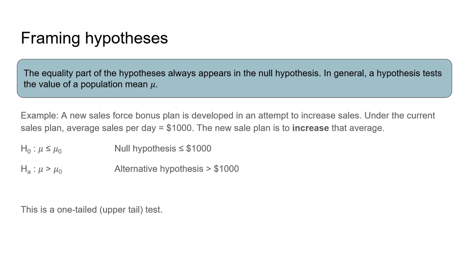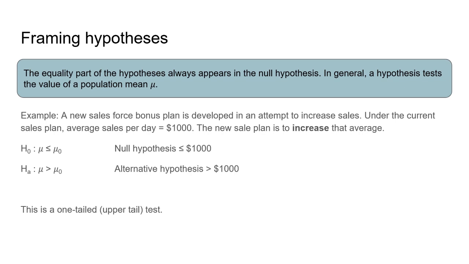Let's go through them. If we continue with our bonus example, here is how we would frame the hypothesis in the first instance. Under the current sales plan, let's pretend the average daily sales is $1,000. The new sales plan is to increase that average. The null hypothesis would be that there would be no difference.